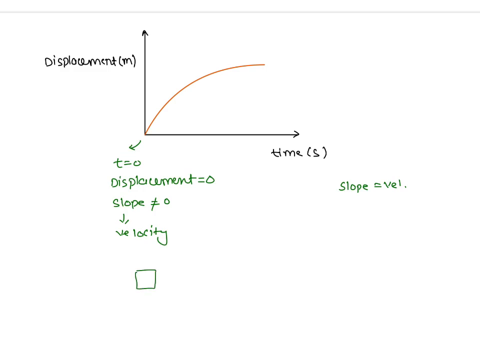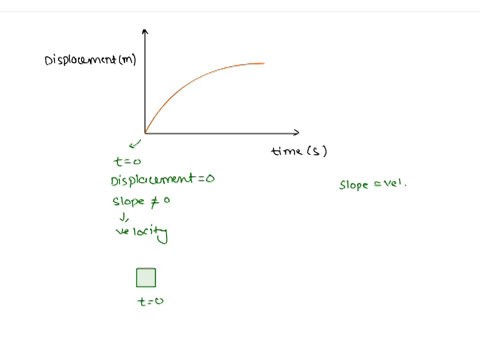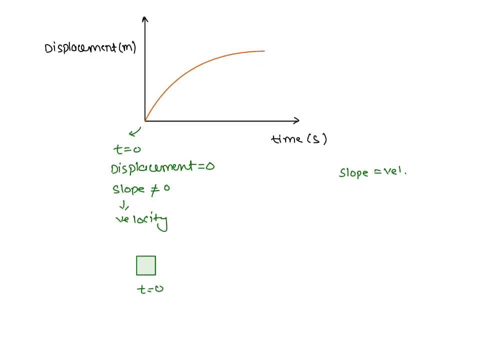Let this be our particle. Initially means at t equal to 0, that particle was moving with a certain velocity. If you had given me this angle theta, then we could have calculated its velocity also.